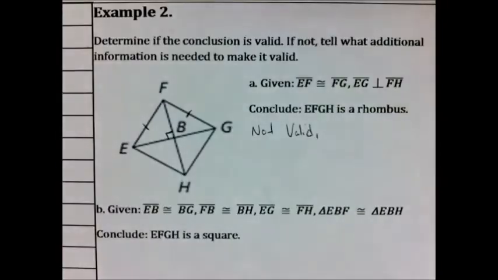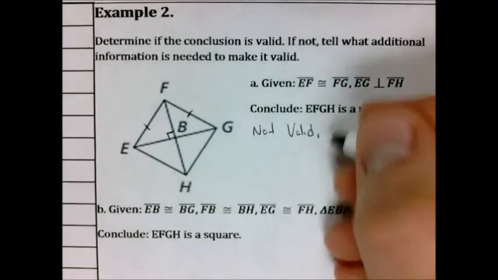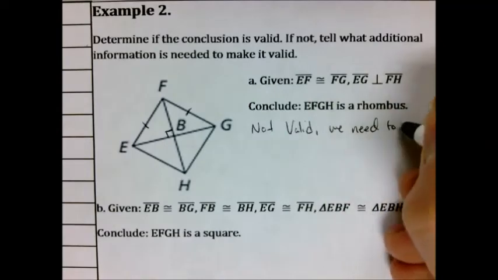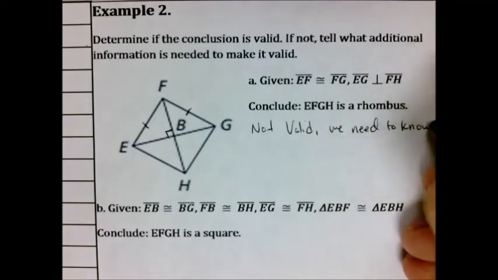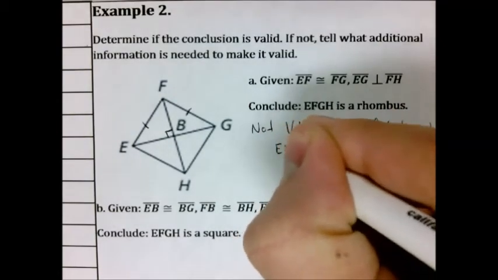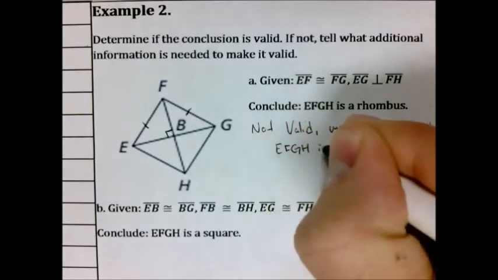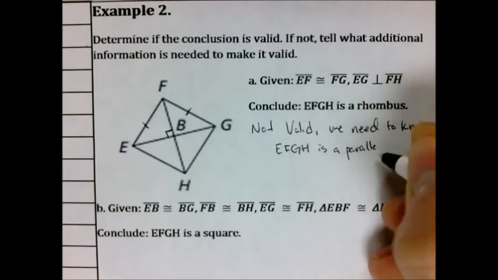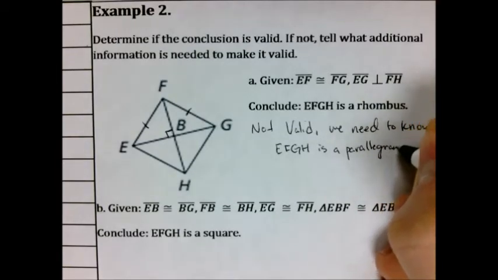The reason it is not valid is because we need to know that EFGH is a parallelogram first.